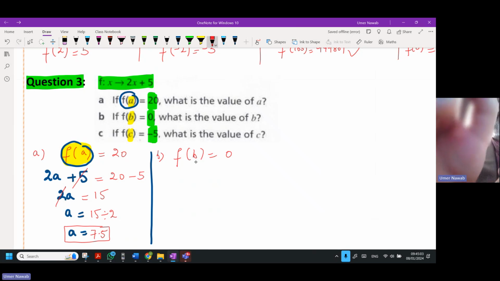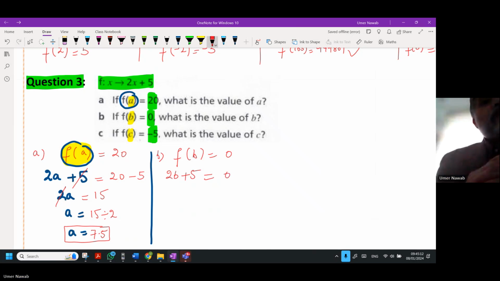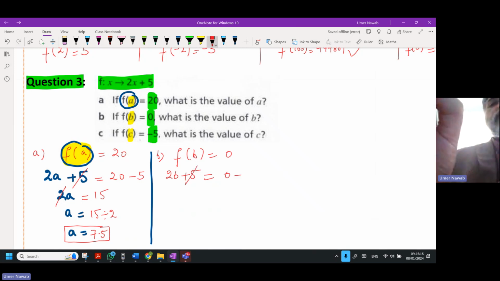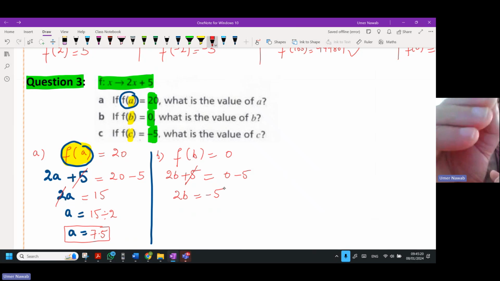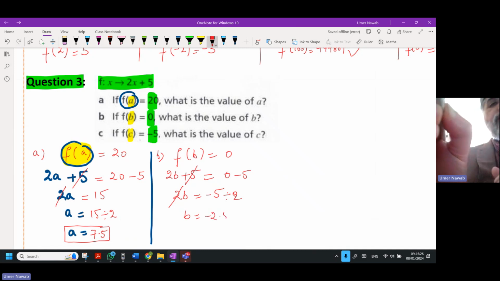Because f of x is 2x plus 5, f of b will be 2b plus 5. And he said it is equal to 0. I want to solve this equation manually. So the plus 5 goes to the other side, becomes minus 5. So 2b is equal to negative 5. I'm canceling 2 and dividing the right side by 2. So b will be minus 2.5.